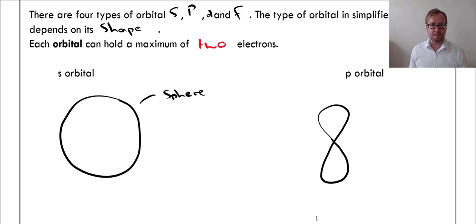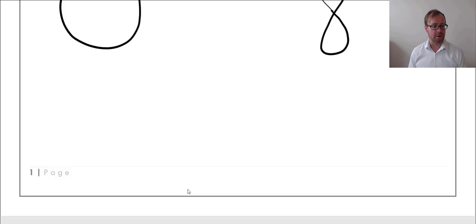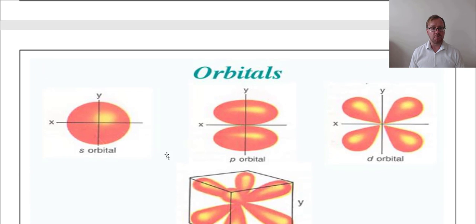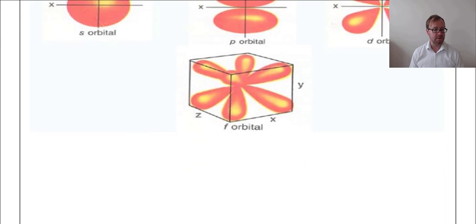And these are the shapes or the regions of space where we can find an electron, well, a maximum of 2 electrons. Okay, moving on. So, I've just got a diagram here of the different types of orbitals. So S, P, D, and F. This is what they look like. For the purpose of A level, you'll only need to have S and P drawings.